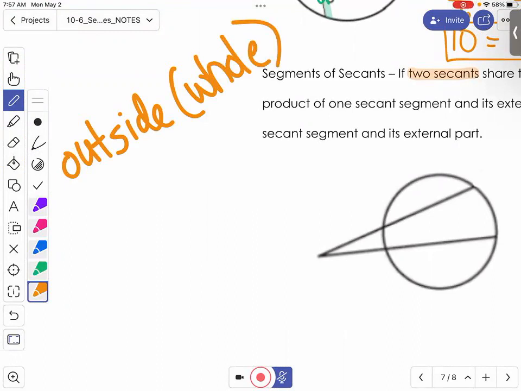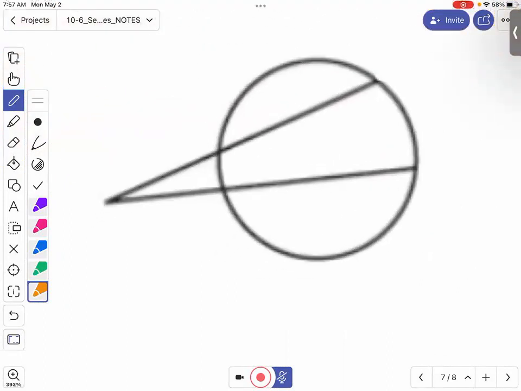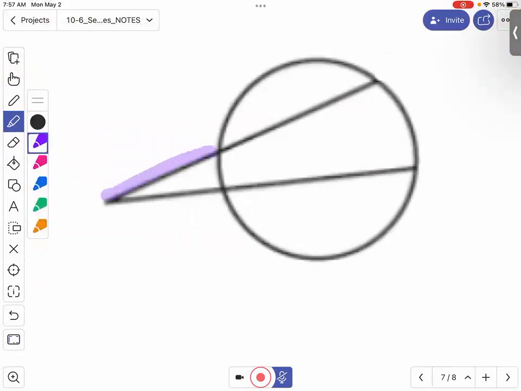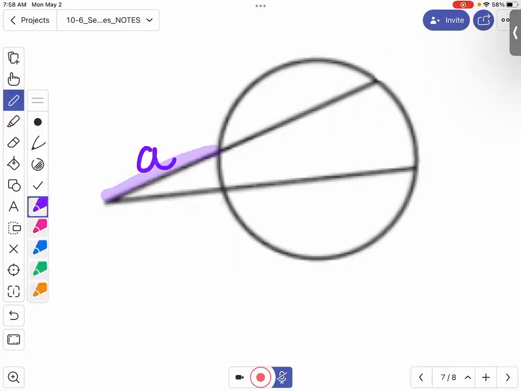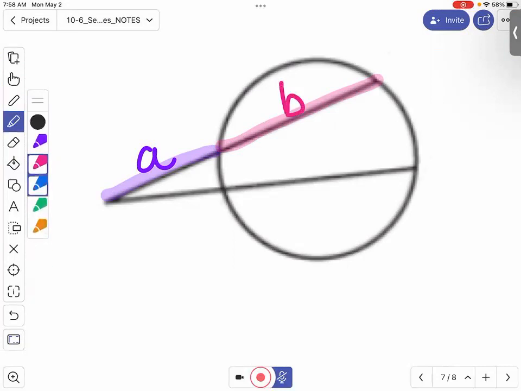And again, we're going to use similar parts to what we had before. We're going to cut each part, each secant into pieces like we did with the chords. So let's say the external part can be A of one secant. The same secant, the internal part can be B. And then we'll do the similar idea for the other secant.